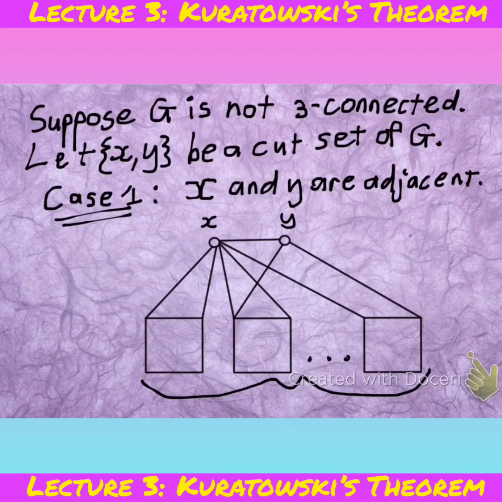Just for your information, if a component only had vertices adjacent to x, then I could remove that vertex and get a cut set of cardinality 1, which is a contradiction. So just note that each component must have a vertex adjacent to x and to y. Right, so let's see what happens in this case.